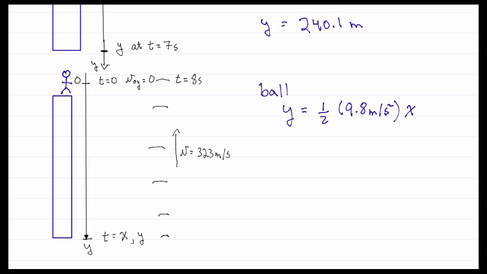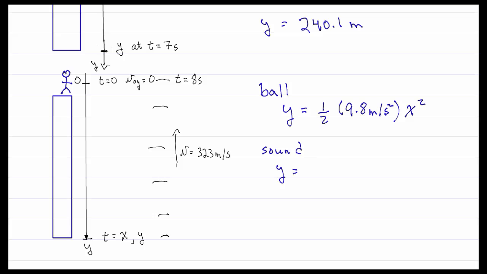Now in this case, time is x. X is the time it takes for the ball to hit the ground. It takes a little bit of time for the sound wave to go back up to the top of the canyon, and we're going to need to figure that out as well. So here is the distance traveled by the ball. Now sound has to travel the same distance.